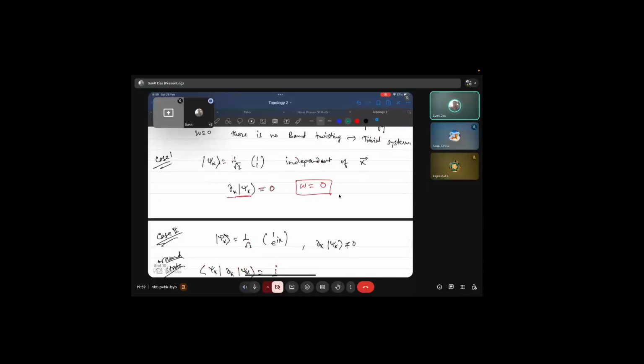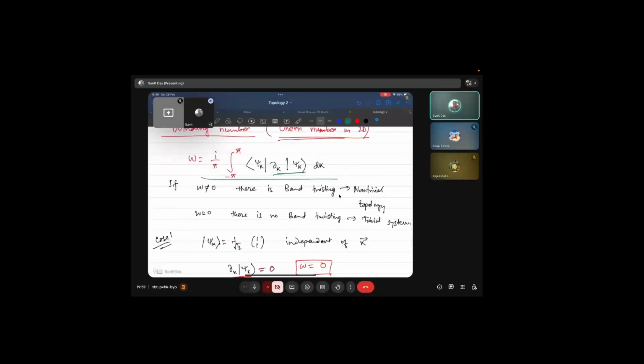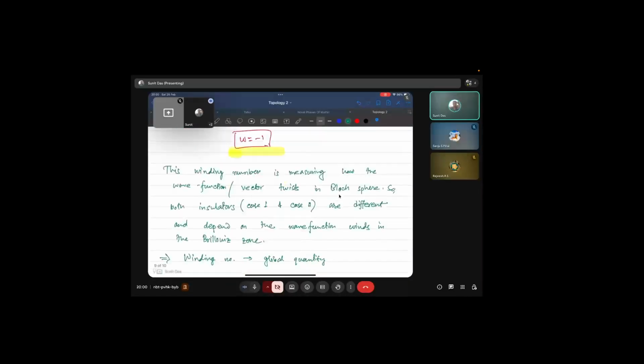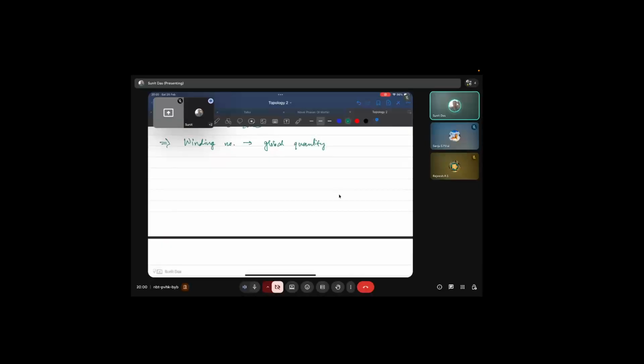If you see the expression of W, it takes into account how the wave function twists in the whole k space, of course within the first Brillouin zone, but the first Brillouin zone is equivalent to all the other Brillouin zones as far as our periodic systems are concerned. So it's a global quantity, integrated over all of the k space in the Brillouin zone. It's a global quantity that determines whether two kinds of systems are different or not.